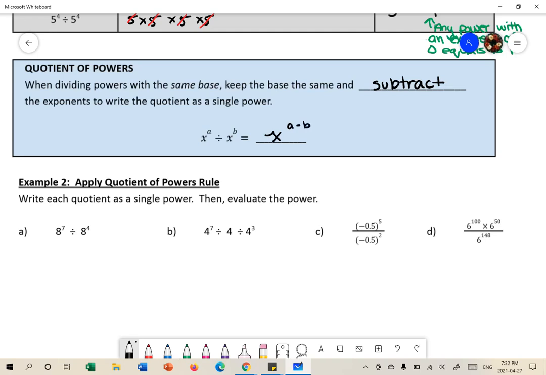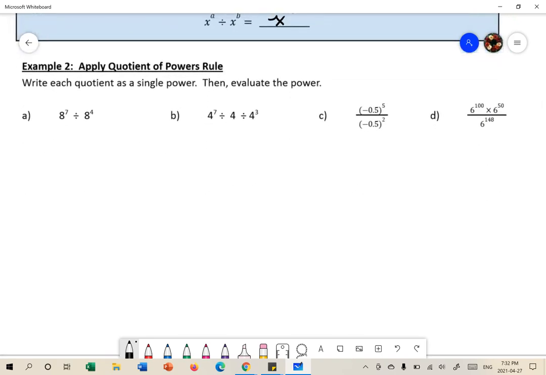Let's practice using some examples. Write each quotient as a single power, then evaluate the power. Okay, so we're going to keep the base the same and subtract the exponents. 7 subtract 4 is 3. And then typing that into your calculator, 8 cubed is 512.